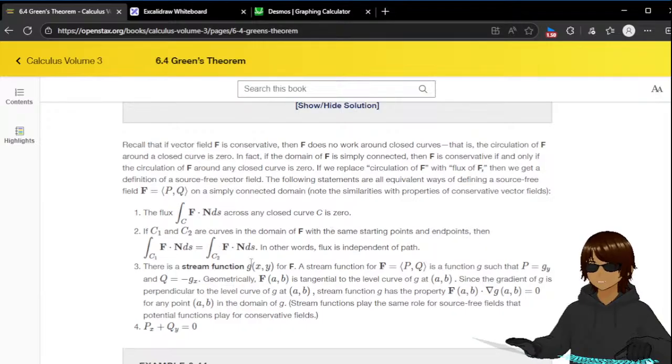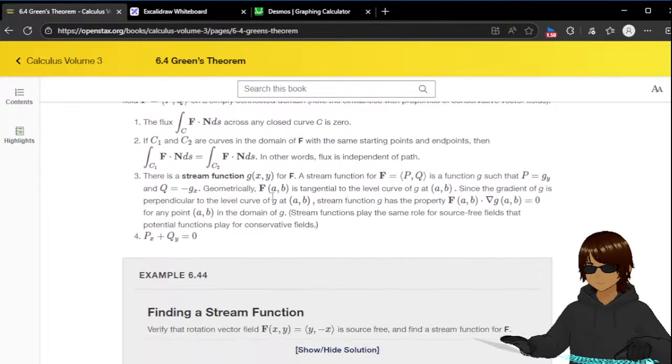Then this is equal to this. In other words, flux is independent of path. There is a stream function g of x, y for F. A stream function is a function g such that P is equal to g_y and Q is equal to minus g_x. Geometrically, F at AB is tangential to the level curve of g at AB.